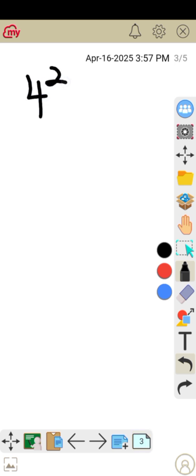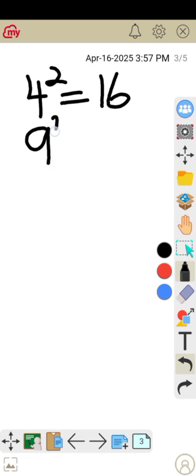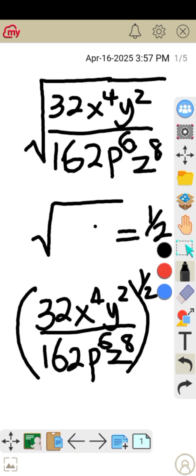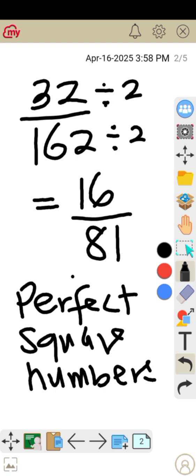Because 4 raised to the power 2 will give me 16, and 9 raised to the power of 2 will give me 81. So these are two perfect square numbers. So I can now successfully put them in this equation.